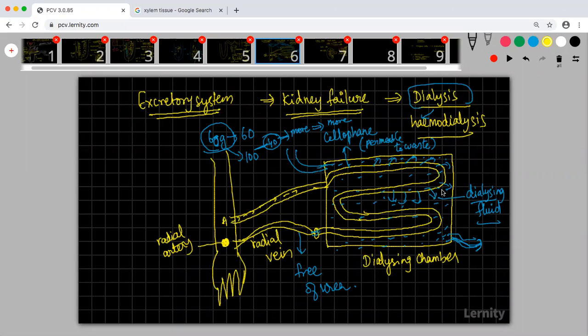If the stone is very big, they will ask you to remove it through surgery. If the stone is small, they will ask you to take some medicines or injections. If the stone is even smaller, they will ask you to drink lots of water and leave it. Automatically, it will dissolve.